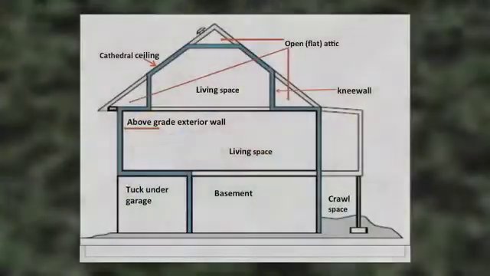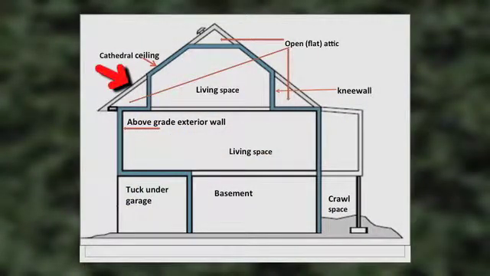So you still have attic space, but inside you have living space. These little pony walls or partial walls we call knee walls. A knee wall separates conditioned space from unconditioned interior space.